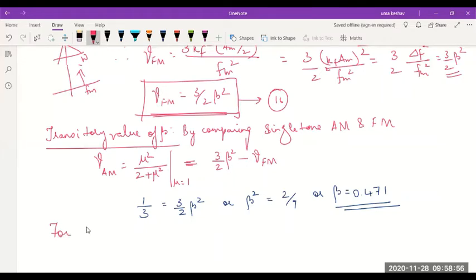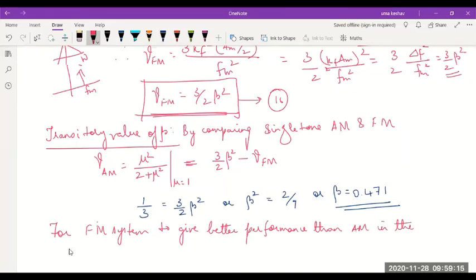So you just conclude, for FM system to give better performance than AM in the presence of noise, beta should always be greater than 0.471.